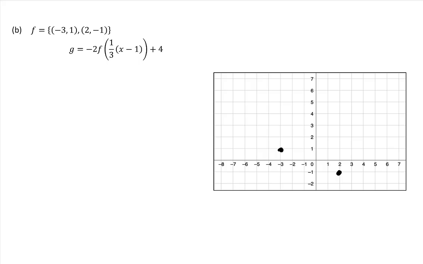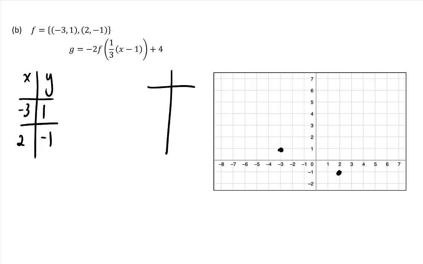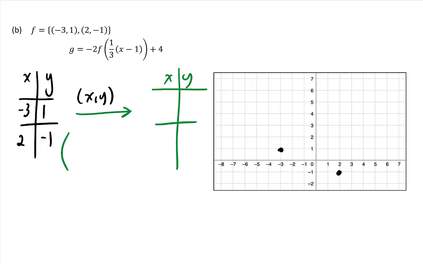So now let's apply our transformations. So first of all, let's write out our table. So we have negative 3 and 1, 2 and negative 1. And we're going to apply some transformations to get the transformed points. So remember, for the x, we have to apply the k and the p.